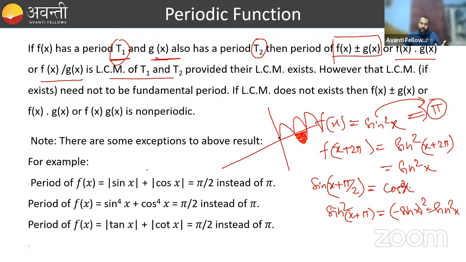So you can see this is my 0, this is my pi by 2, this is my pi, and this is 2 pi. From the graph also you can observe the graph repeats itself after each pi interval. So that's why the period of this function sine square x is pi.